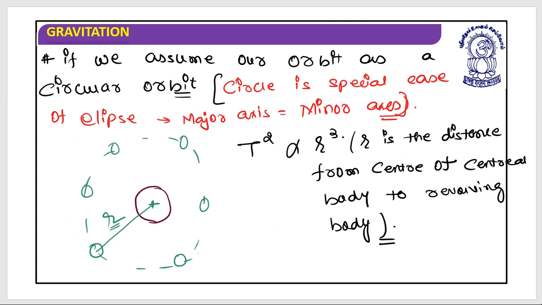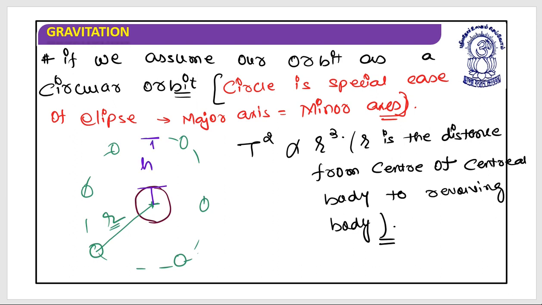Then we must understand that the earth will behave as the central body and your artificial satellite will behave as the revolving body. So r is the distance from the center of the central body. One more thing, many a time they will give you the distance from the surface of the planet.